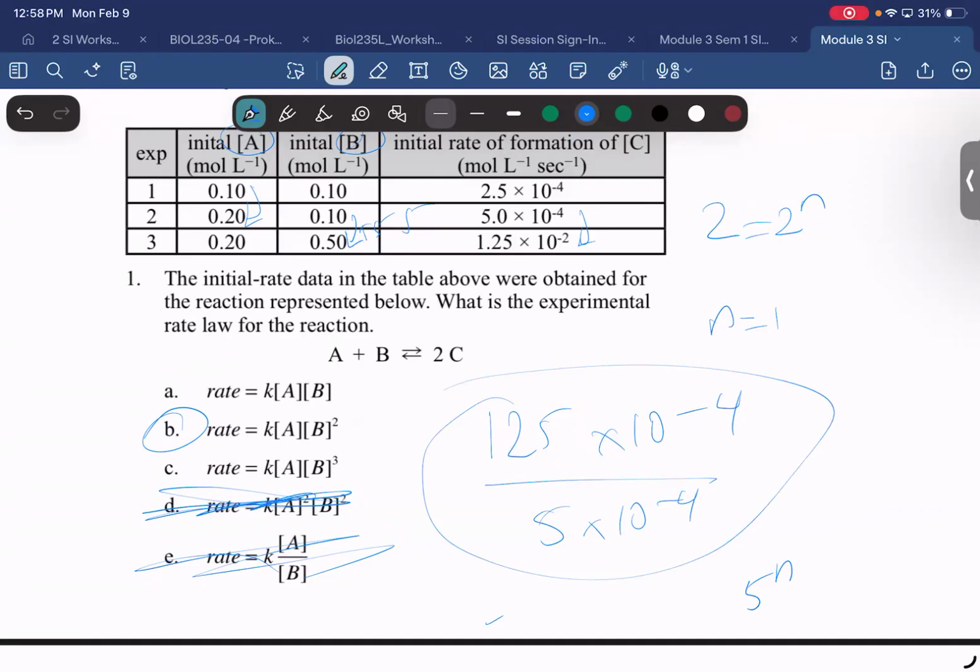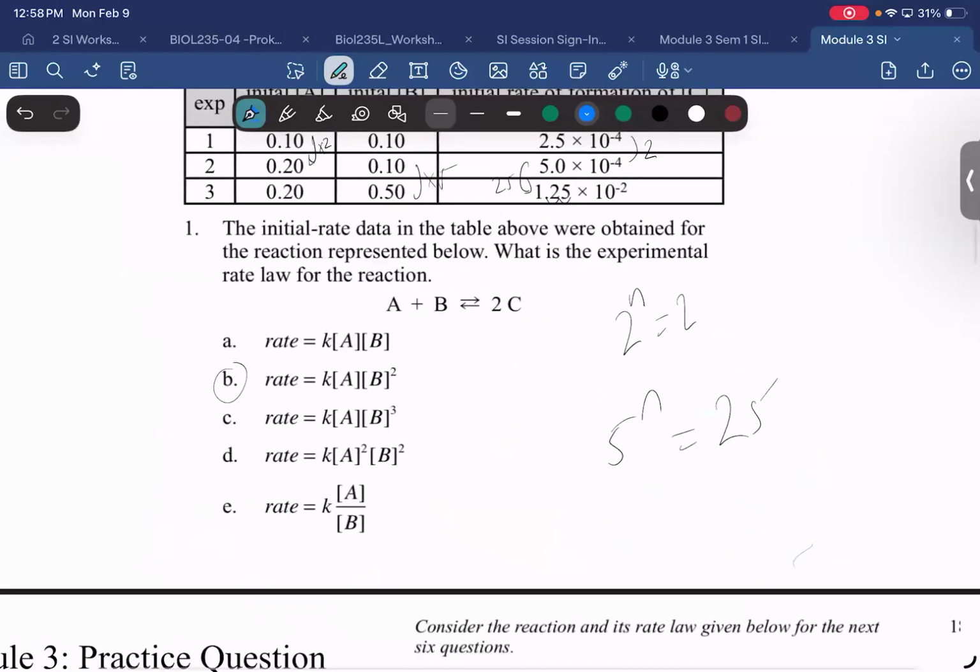Instead of 1.25 times 10 to the negative 2, it's 125 times 10 to the negative 4, because it's easier to do things with the same exponent value. After you do that, you see that this is going to be a value of 25, so it'd be 5 to the n equals 25. Then using exponent rules, you know that 5 squared equals 25. So that's why B is the right answer.